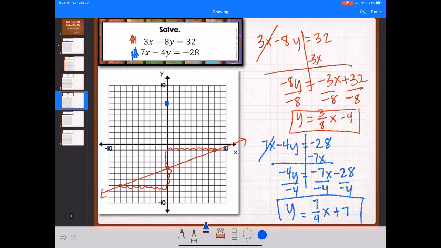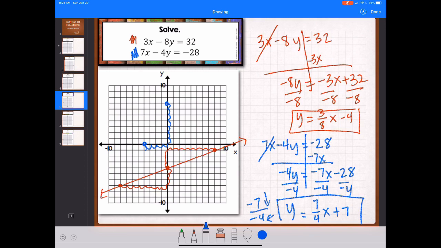I'm going to need to reverse it and do a negative 7 over negative 4, so that way it will fit on my grid. 1, 2, 3, 4, 5, 6, 7. 1, 2, 3, 4. And do it again.